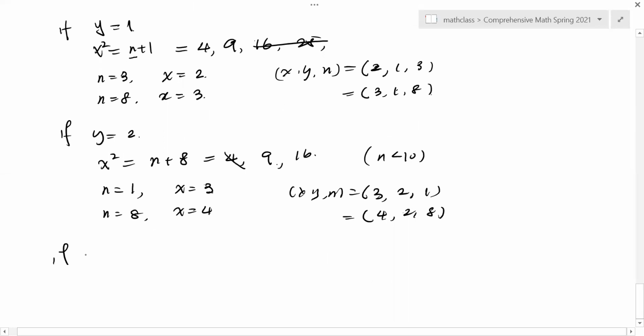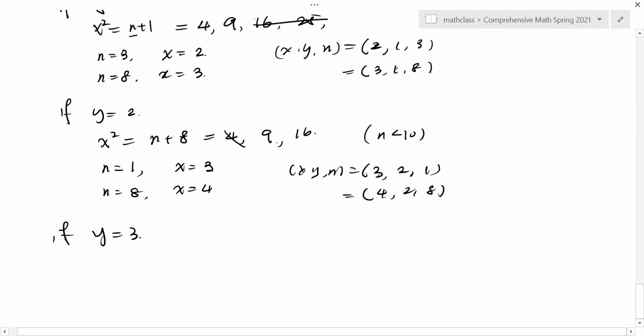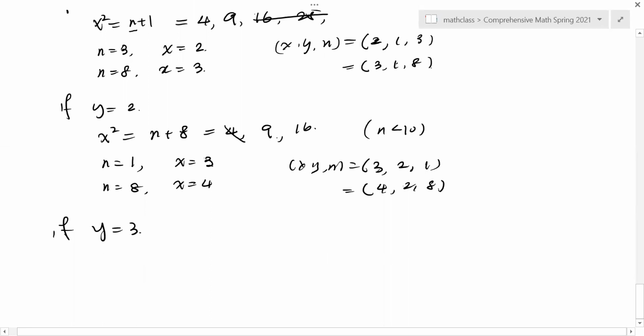Okay, so if y equals 3, that's how we go step by step again. It's n plus 3 cubed. 3 cubed is 27.